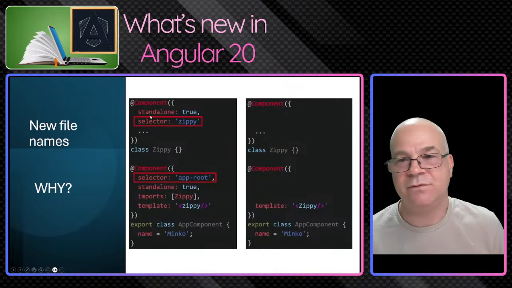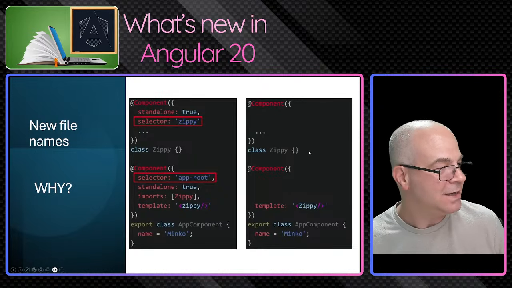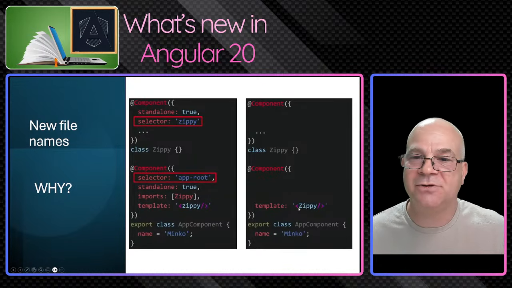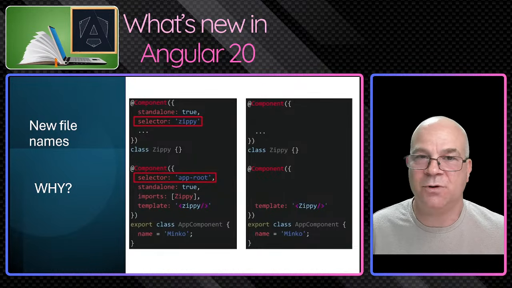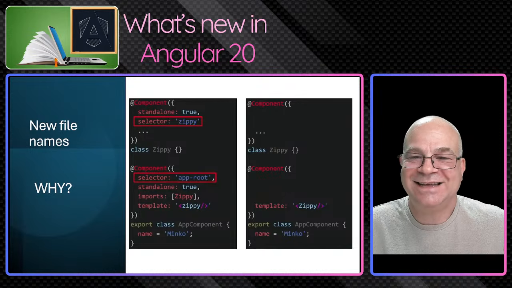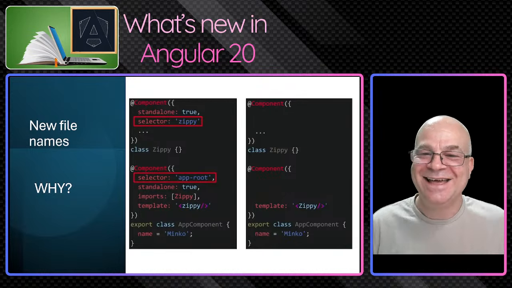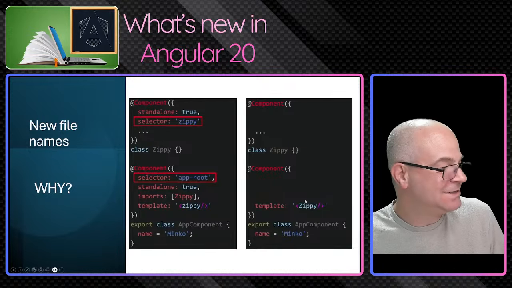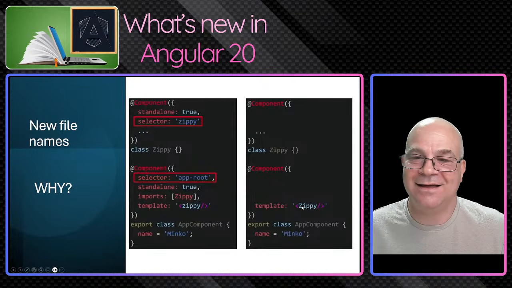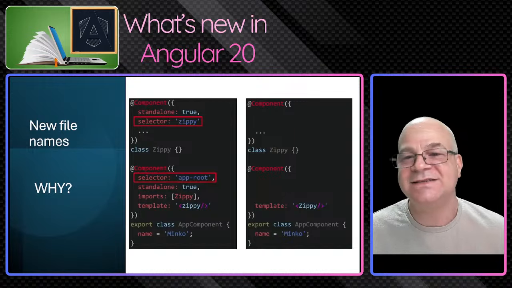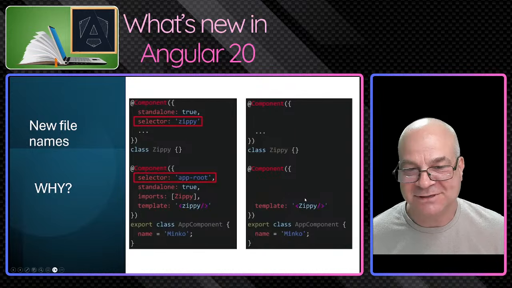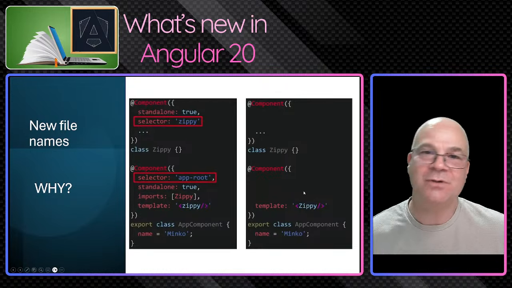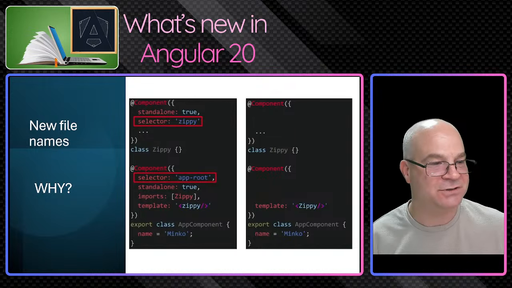So the point of selectorless components is that you simply put the class name in your template and then you don't need a selector anymore. Now, if somebody has a deja vu from React, it's not accidental. So this is something that's in the works, and this is why they try to simplify the class names. It's still a work in progress. We'll see where it goes in the next version.